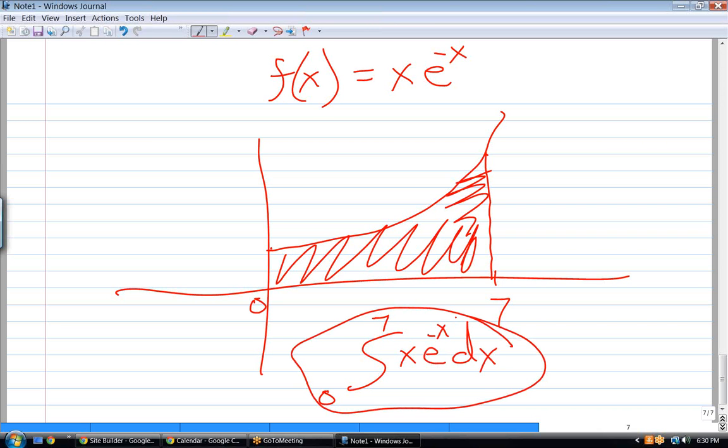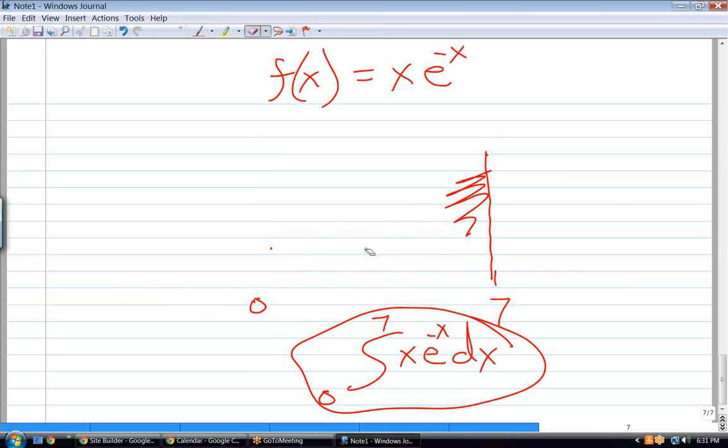So now we have the same problems we've been doing for a bit now. We have to use integration by parts to solve that integral. The reason we know is because we have a polynomial times a transcendental function. Right off the get-go, we see the product of two functions, and whenever you're looking at the product of two functions, especially if one is polynomial and the other is transcendental, you usually need to use integration by parts.